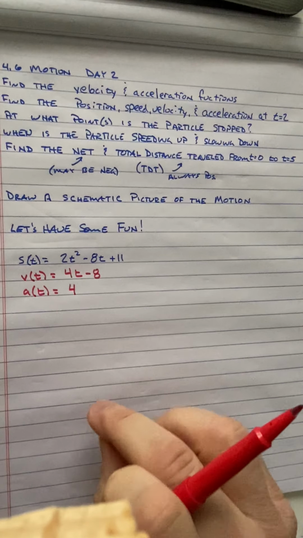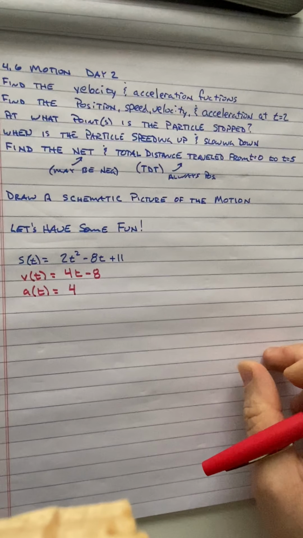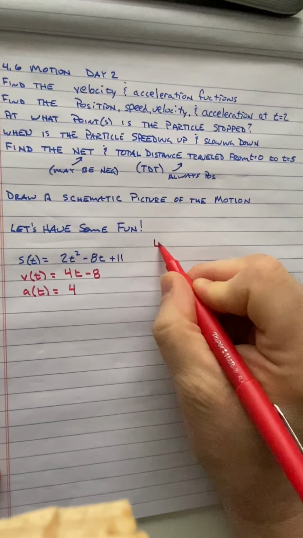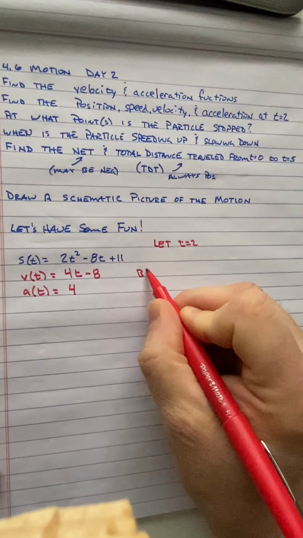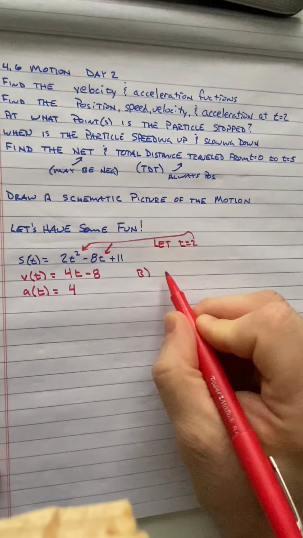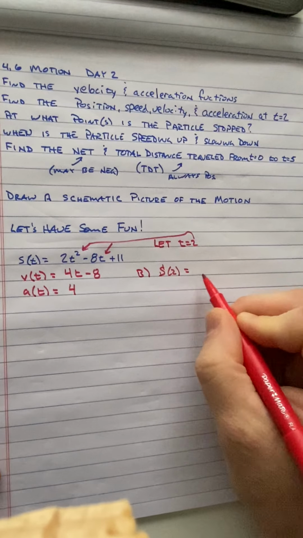Now we want to find the position, speed, velocity, and acceleration at t equals 2. So now we're going to let t equal 2 for part B. We need to find the position at B. So that is s of 2. Shove a 2 in there and see what you get.